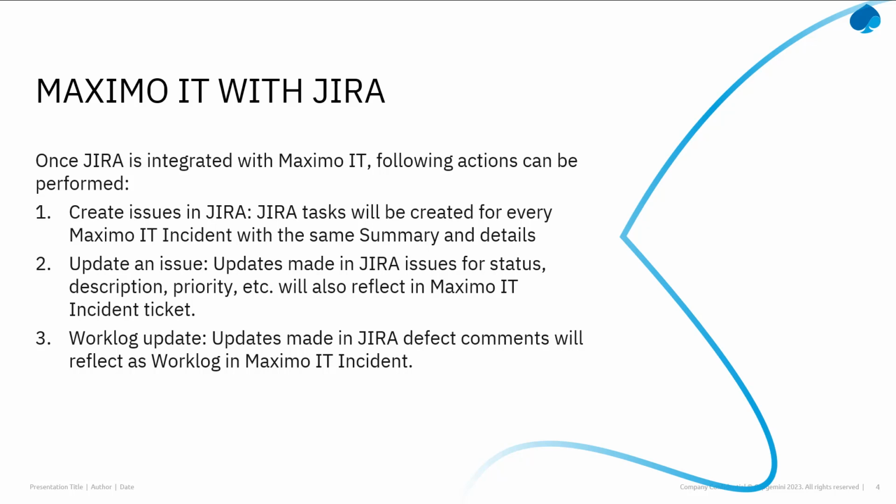Whatever summary and details you enter for a Maximo IT ticket or an incident are exactly reflected in a Jira task. So a corresponding Jira task is formed for all your Maximo IT tickets.